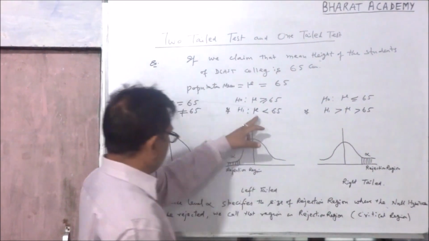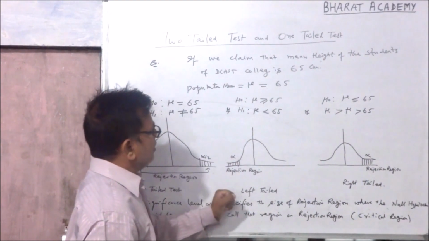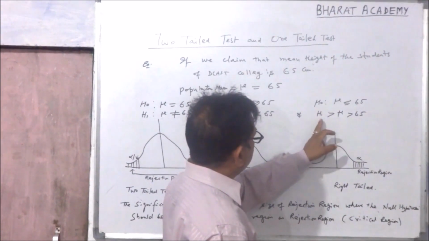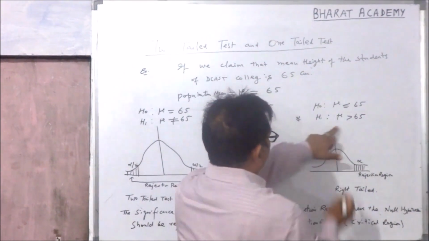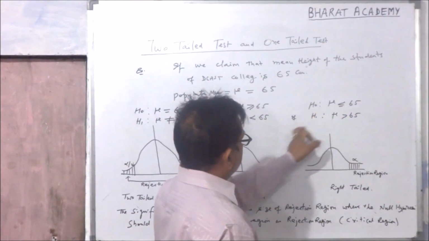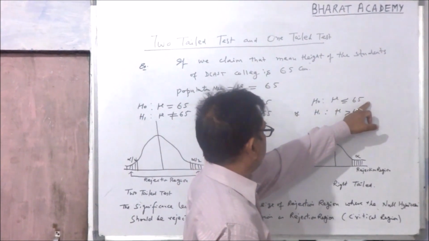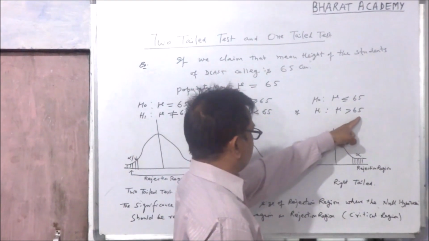If the alternative hypothesis H1 is taken as mu is less than 65, its null hypothesis automatically will be greater than or equal to 65. Since mu is less than 65, this will be your left tail test. And if the alternative hypothesis H1 is taken as mu is greater than 65, its null hypothesis will be mu is less than or equal to 65.